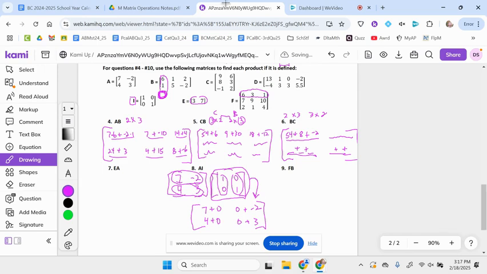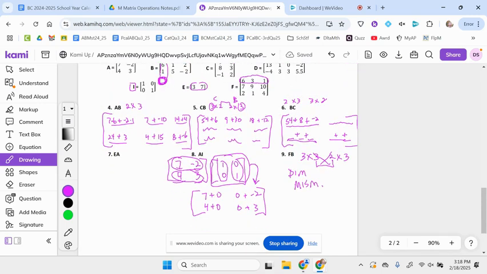So this is called a dimension mismatch. And we could see that in the dimensions. F is a 3 by 3, and B is a 2 by 3. When these numbers don't match, it's not possible to multiply. So there's another dimension mismatch, no solution. No answer, whatever you want to say, not possible.